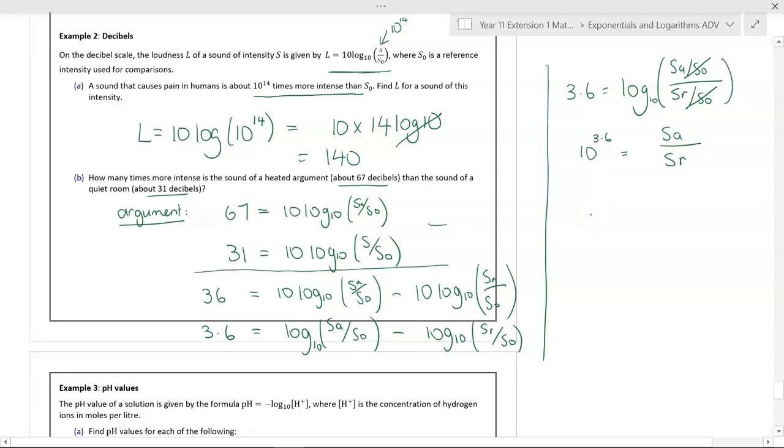And 10 to the 3.6 is reasonably big. So we'll go 3981, sound of the argument to the sound of the quiet room. So we can say the sound of the argument is 3,981 times more intense than the sound of a quiet room. And you should write a nice little sentence there explaining that.